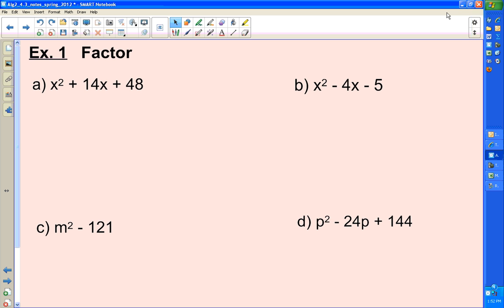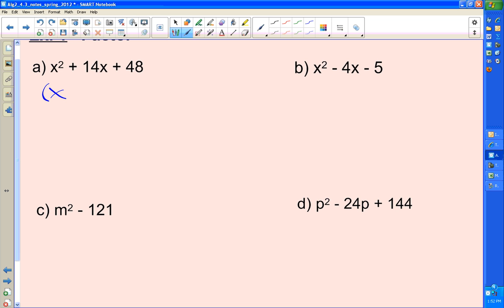All right, Andrew, you can pick whichever one you want. Tell me how it factors. For A, I got x plus 6, x plus 8. Excellent job. Jagger, how about one of the other 3 remaining? You can have whichever one you want. X plus 5, x plus 4.